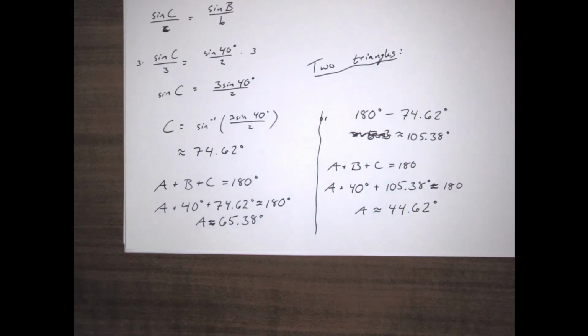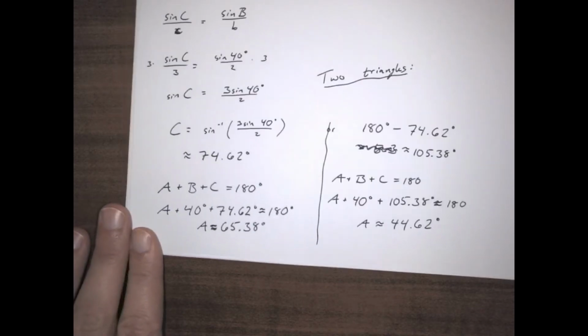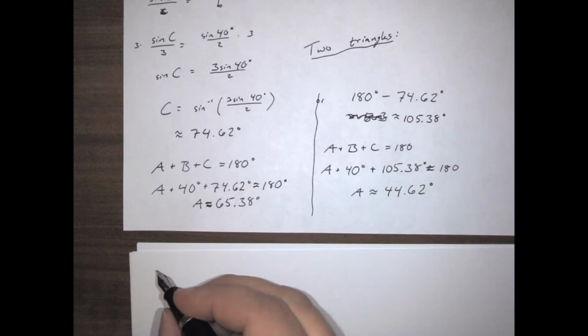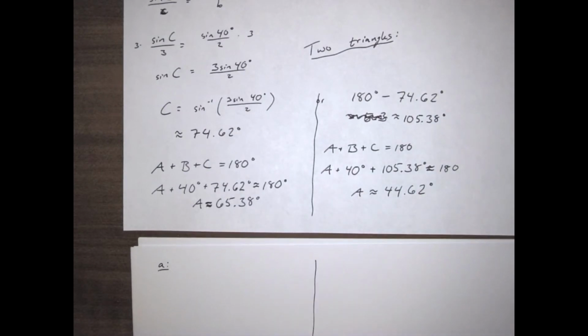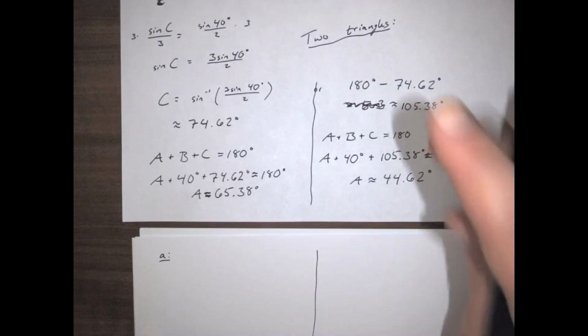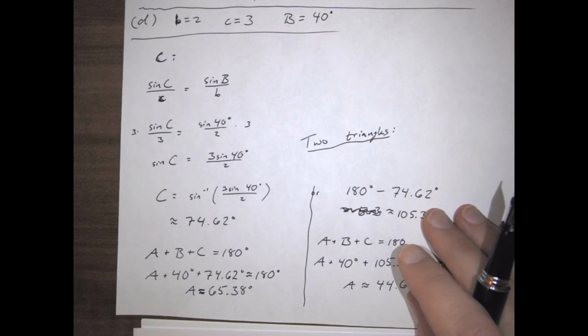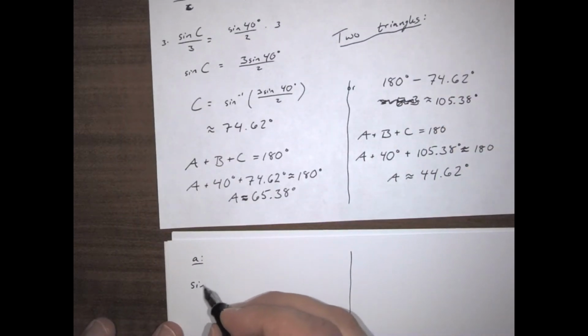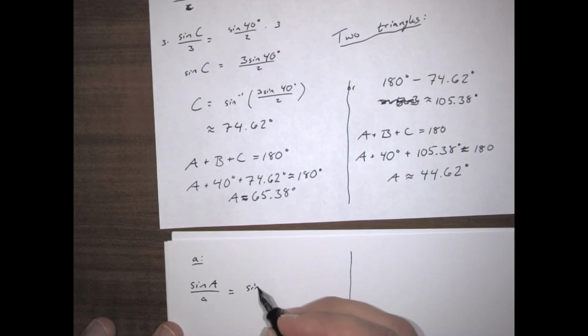Well, if there are two possibilities for big A, then there are going to be two possibilities also for small a, for the side. So now to find little a, it's going to involve the law of sines, and we look at what we have the ingredients for. Looks like I can use the b and the a. So sine of A over little a is equal to sine of B over little b.